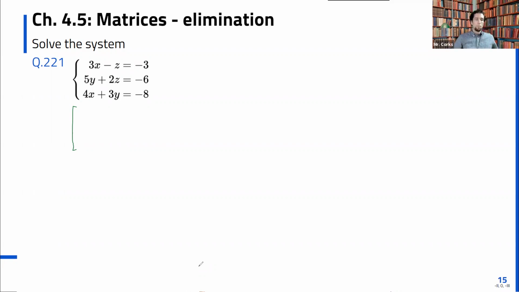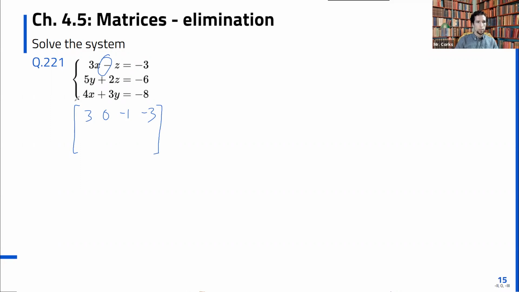Okay. So let's try this one. Can someone tell me what our matrix will be? What's the first line of our matrix for this system? 3, 0, -1, -3. Okay, good. So 3, 0, -1, -3. So we have to notice the y is missing here, and then that has to be written as a 0.